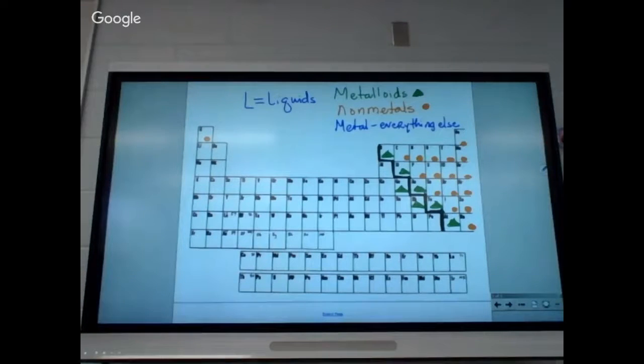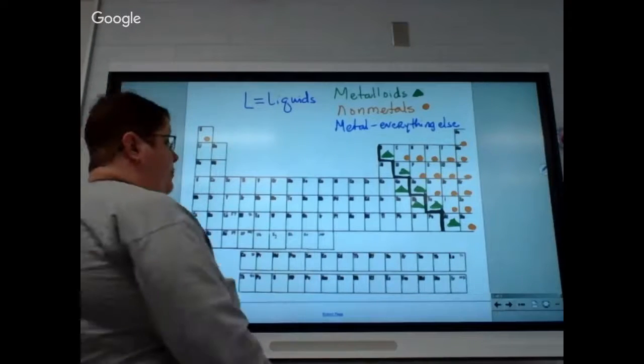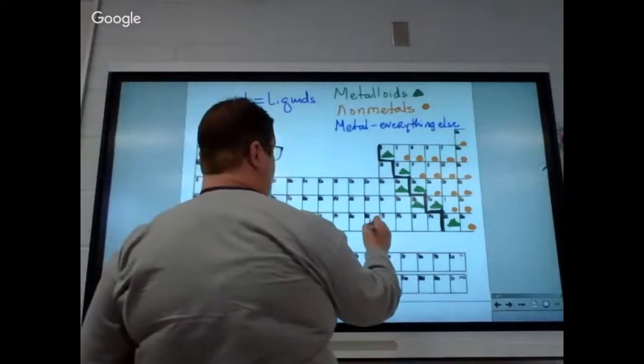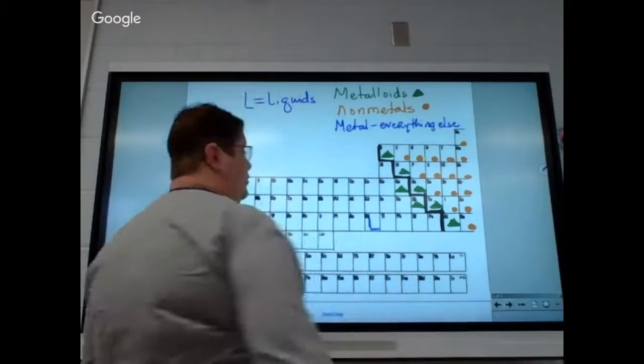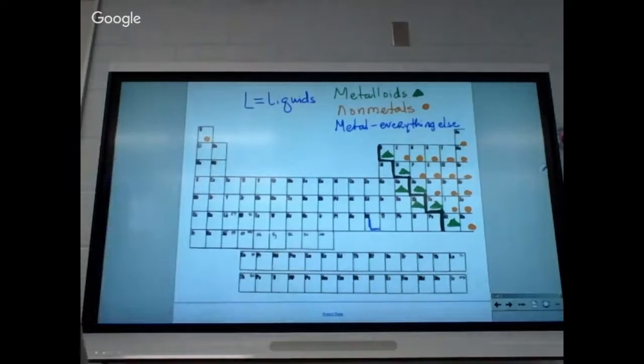A lot of people know at least one of them. Mercury is one of them. Most people know it because they usually are like Brooke and they tell me how they played with it in middle school. Okay? So, the other one is a halogen.